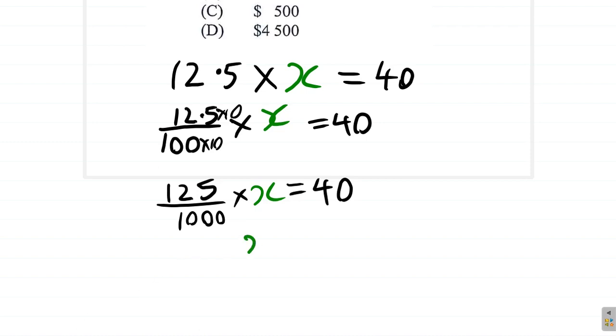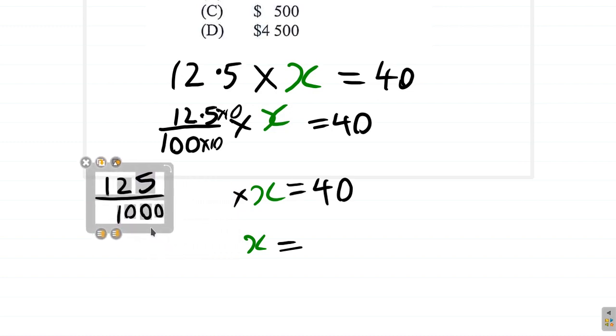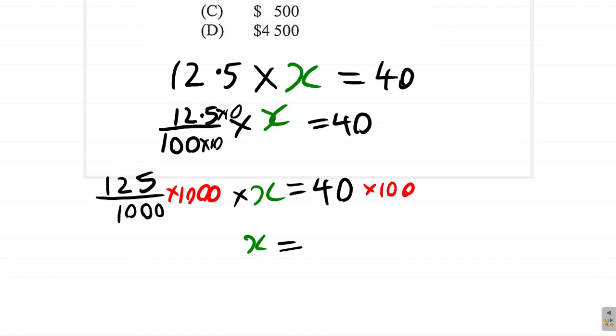Here, X is then equal to, suppose we multiply both sides by 1,000. If we multiply both sides by 1,000, what would happen? We multiply this by 1,000 on the left and the right by 1,000. We would have 1,000 divided by 1,000.